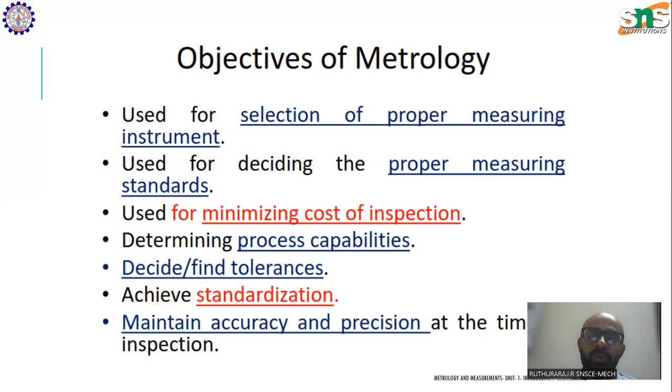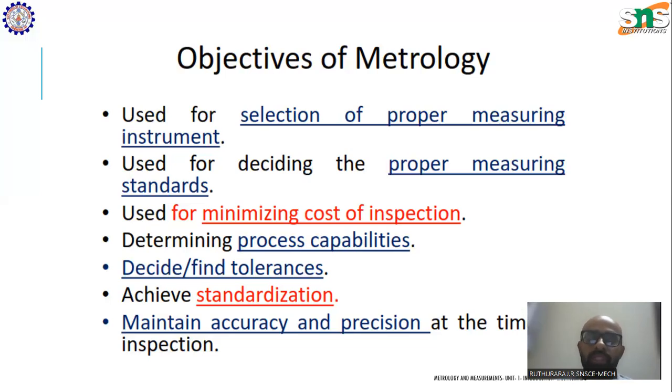That's the need why you have to select the proper measuring instrument for proper measurements. And the second point is deciding the proper measuring standards. You have to establish proper measuring standards. If you are measuring with the help of a vernier caliper, you cannot measure it anywhere.